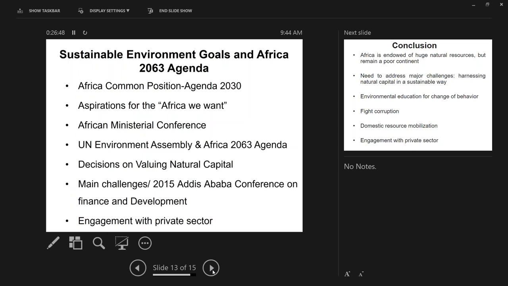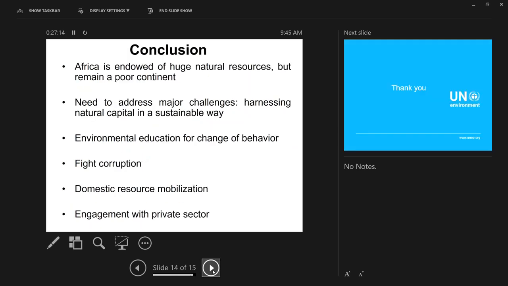And there, the engagement with the private sector came in really strongly because today, with the decrease in ODA and public financing, it is crucial to engage the private sector to ensure environmental sustainability.